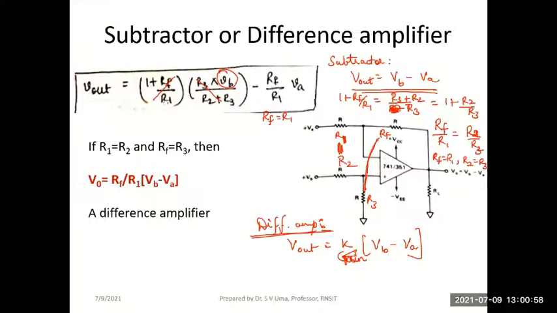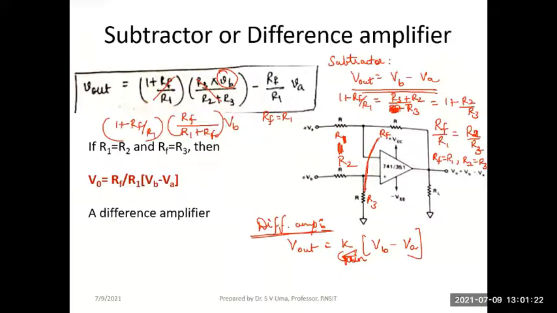You will have this factor, this will be 1 plus Rf by R1, and this will be, R3 is equal to Rf and here R2 is R1, into VB.